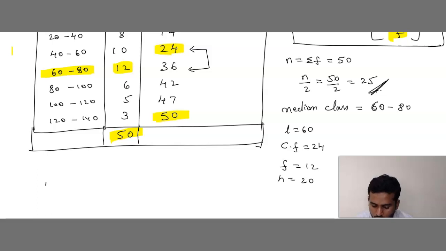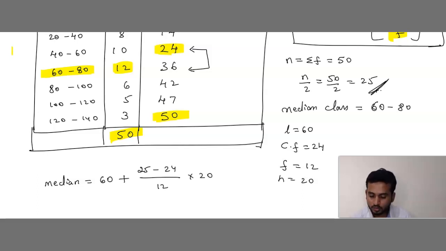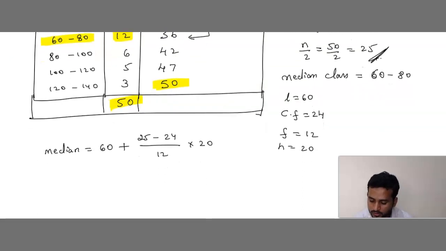To find the median, the formula is L plus (n by 2 minus cumulative frequency) by frequency into h. L is 60, n by 2 is 25, cumulative frequency 24, frequency 12, h 20. Got it?